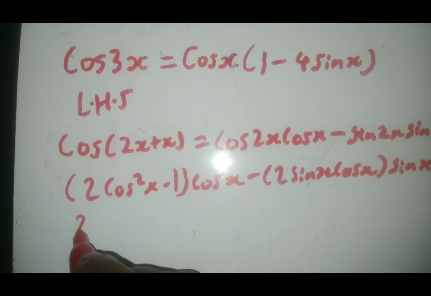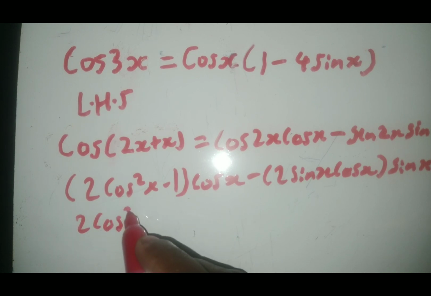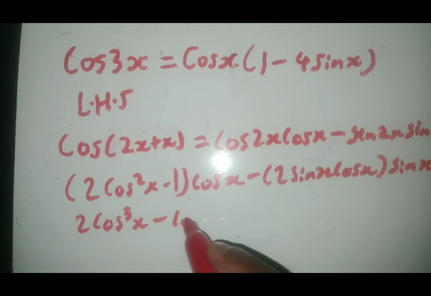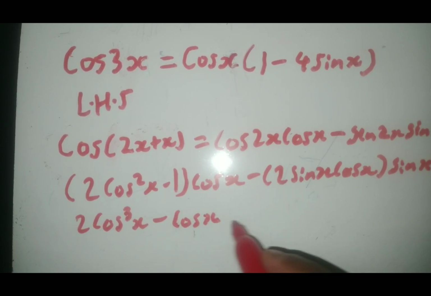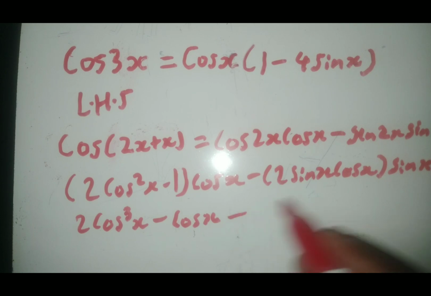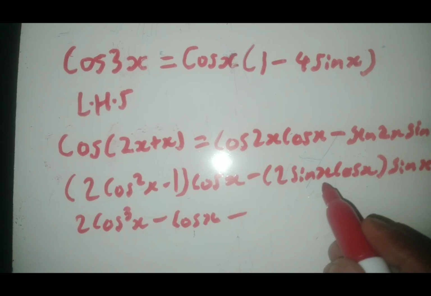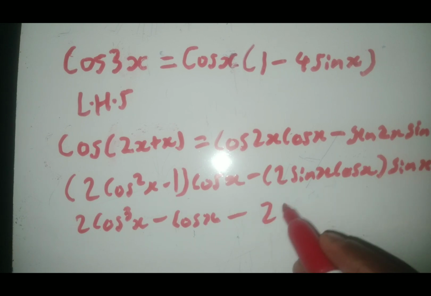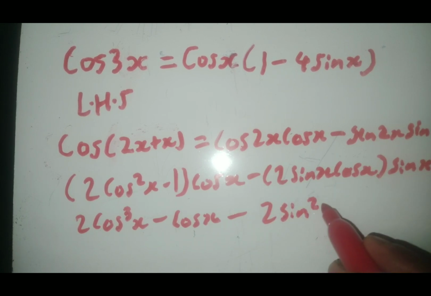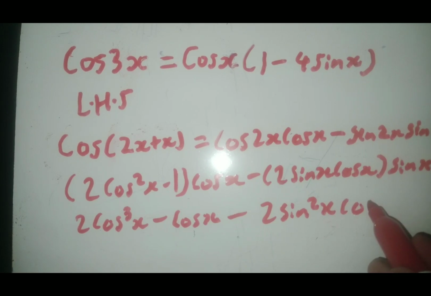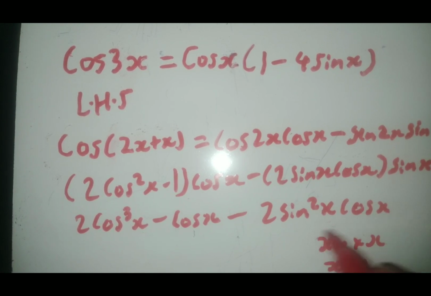So when we distribute, it's gonna become 2 cos cubed x minus cos x. And then this side, when we just multiply, we don't have to distribute because there's no plus, it's a multiplication sign. So then this side is just gonna be 2 sine squared x cos x. It's just like xy times x, it will just be x squared y. So that's what's going on here.